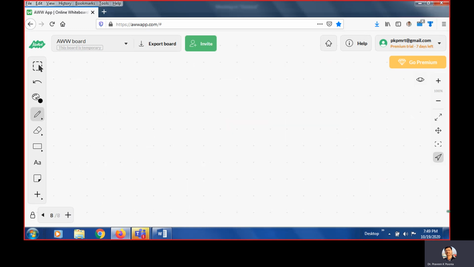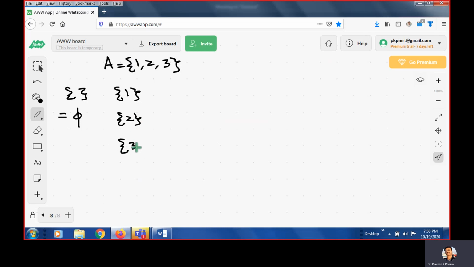Now I will choose more numbers in the set, like A equals {1, 2, 3}. I have taken three numbers. So first one will be without objects, and what do we call it? Phi. Then we'll choose one object: 1, 2, 3.